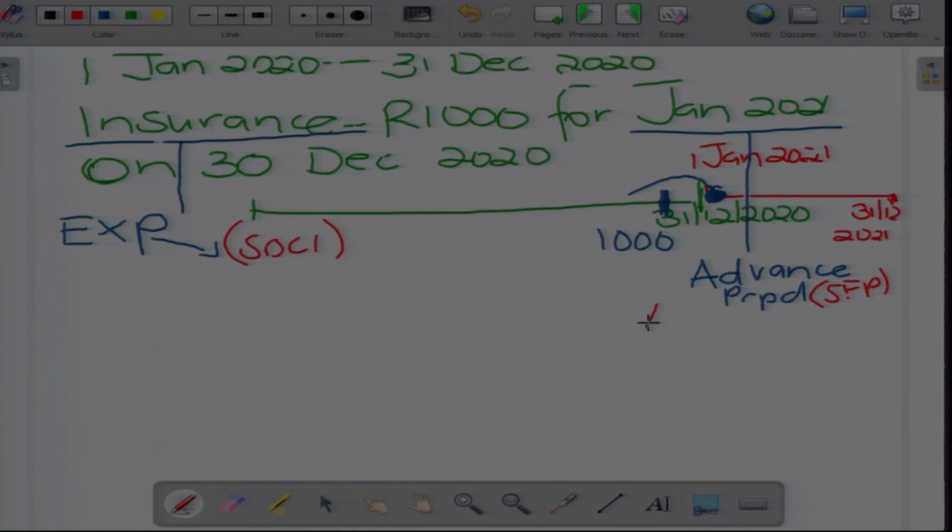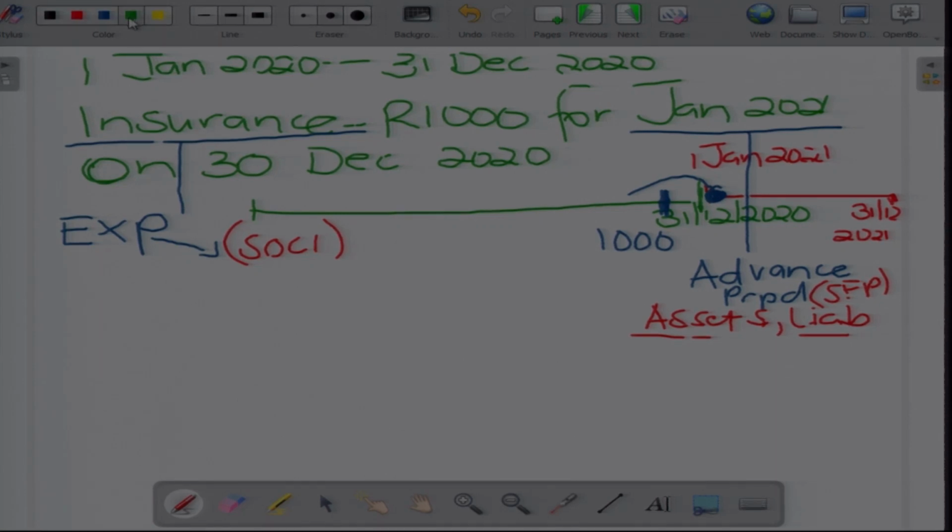You get your assets, and you get your liabilities, and you get your equity. But with adjustments, it never affects equity. Sorry. So I must now determine which one it will be. Under which section will it go? Will it go under assets or will it go under liabilities?